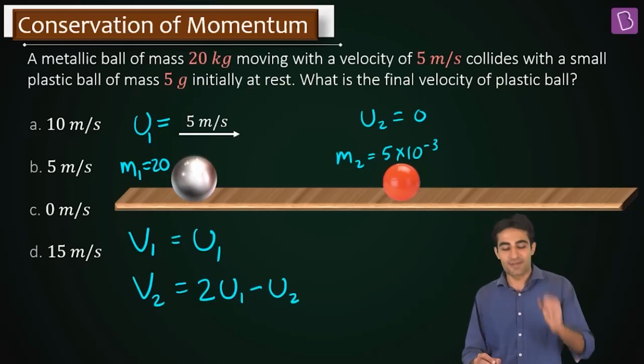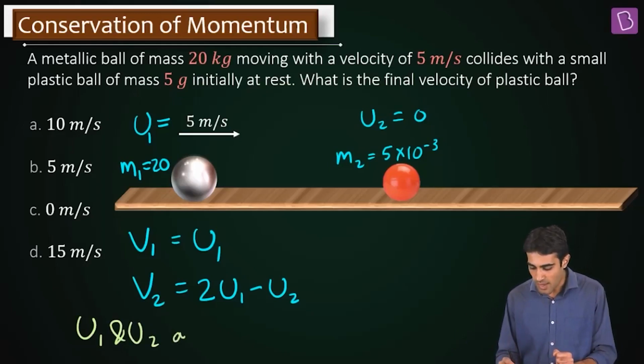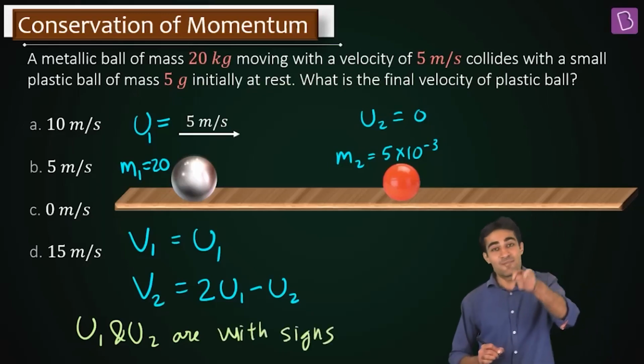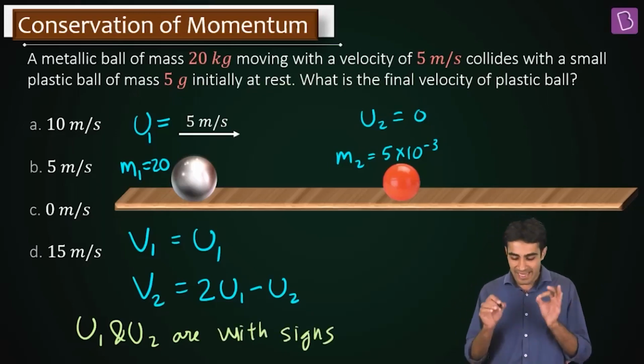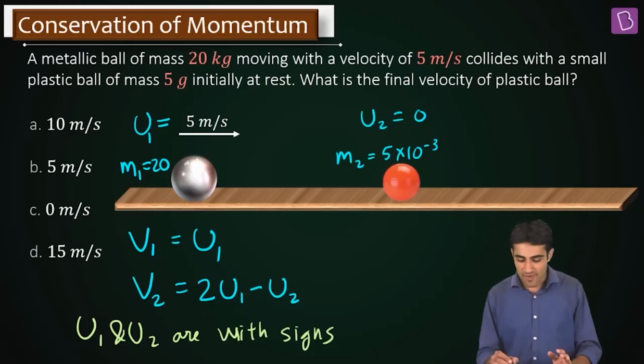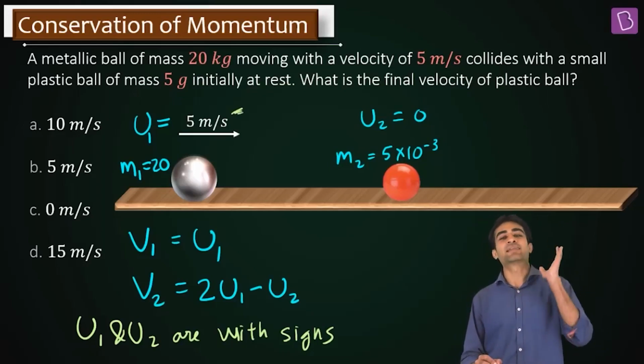Now one important alert. These u1 and u2 are with their signs. S-I-G-N-S. Remember that. People forget that and they make mistakes. See, in our case, 5 meter per second is in positive direction, so we will take the plus sign.